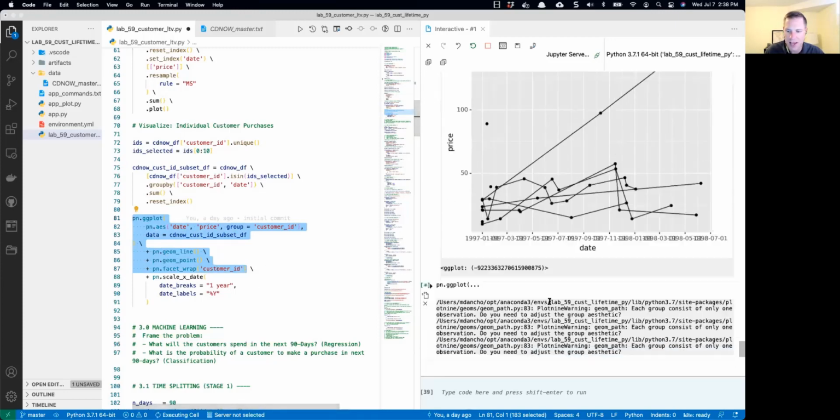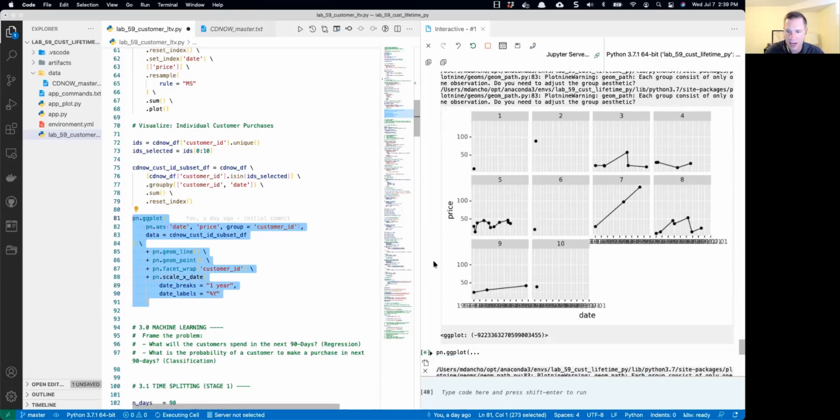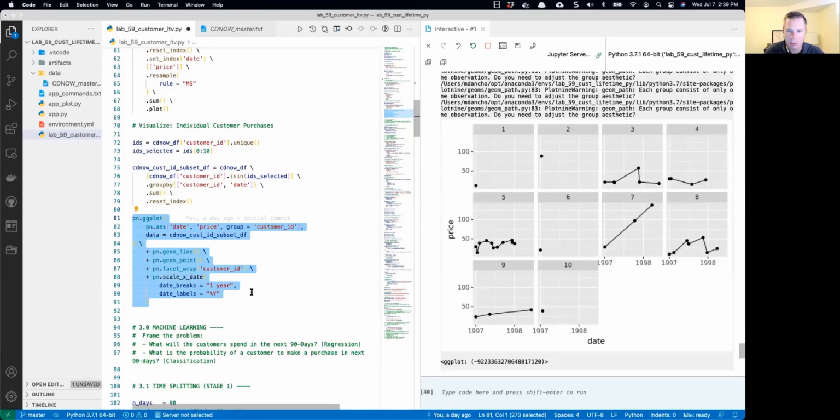So I'm faceting by customer ID. You can see I've got from 1 to 10, and I can actually see their buying patterns now. Then I'm going to clean up this x-axis so it's not overlapping like that. That's what I do with the scale x date. I make the breaks every 1 year, and I'm just showing the year with this %y.